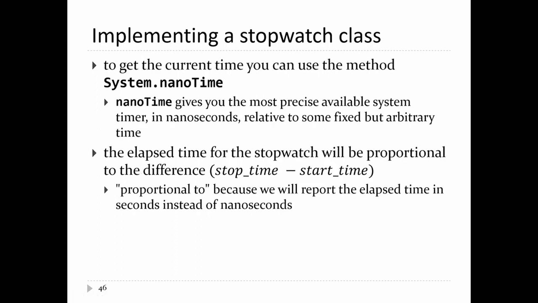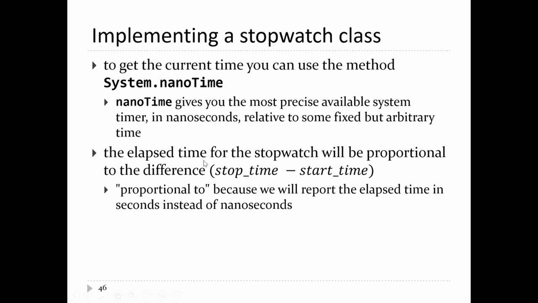Okay, so to implement this thing, you need to know how you can get time from the computer. There's a method called nanoTime in the class System. nanoTime gives you the most precise available system timer in nanoseconds, so 10 to the minus 9 seconds, relative to some fixed but arbitrary time. In other words, nanoTime returns some integer value that represents the time.